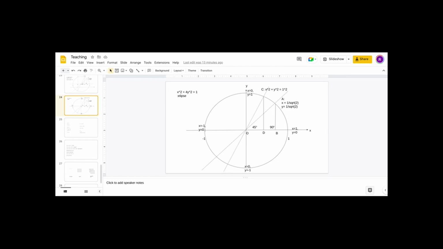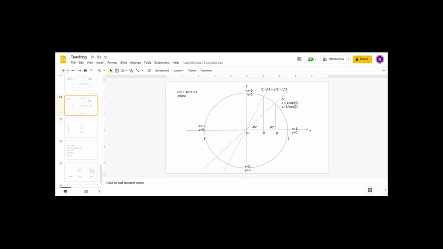Now this height that I'm saying, as you change the angle theta, the height is changing. This height has a specific name. It's a specific function. If I rotate this by angle theta, the height is equal to some function of theta. What function is it?